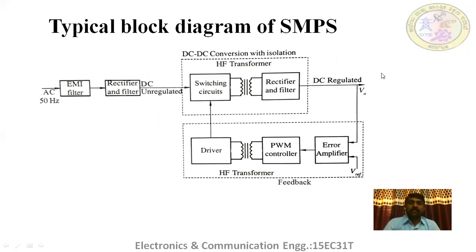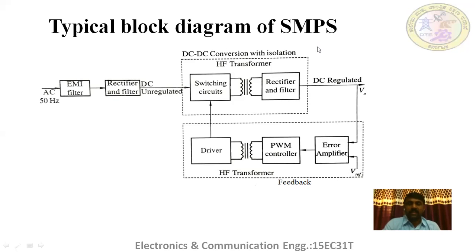Okay. The next is the typical block diagram. What are the actual different stages used to design an SMPS? We know that SMPS works with a switching principle. Therefore, all switching regulators suffer from some interference.